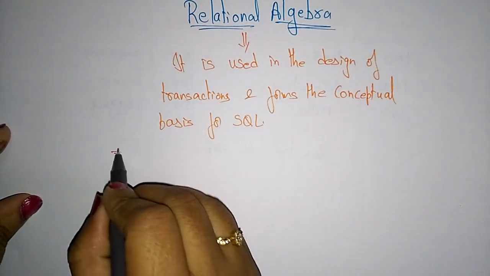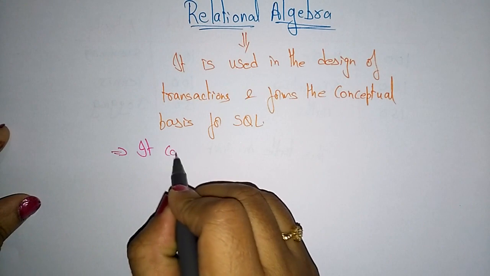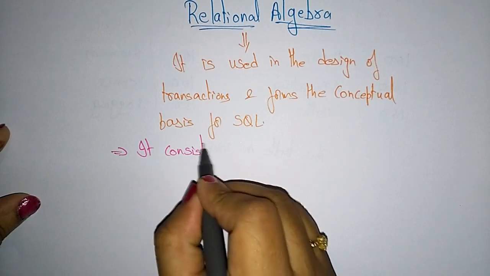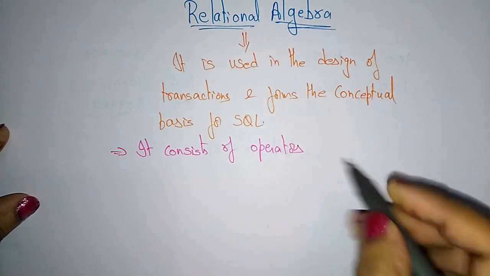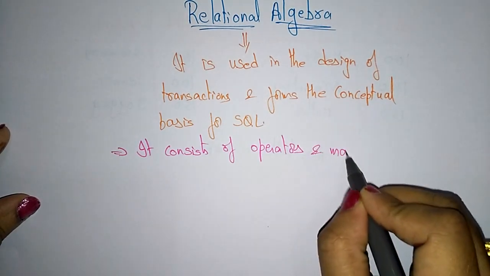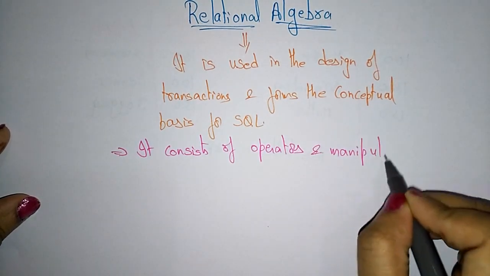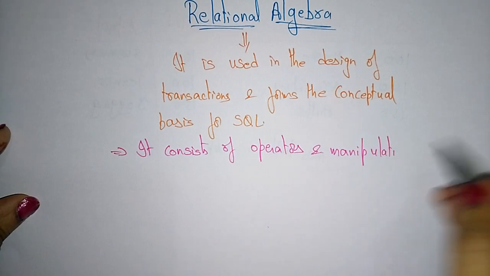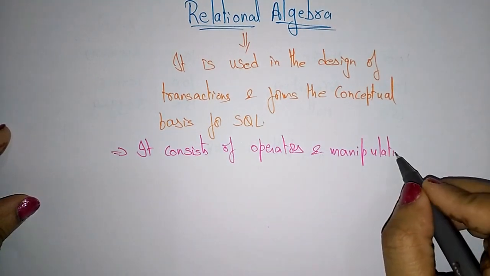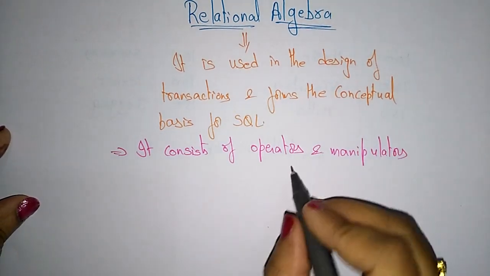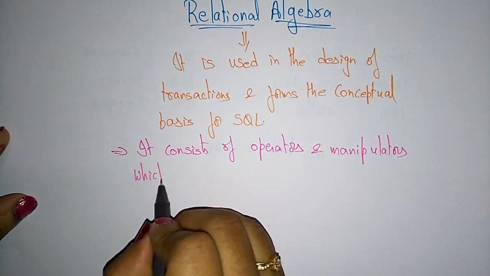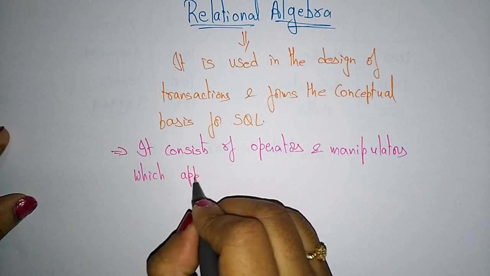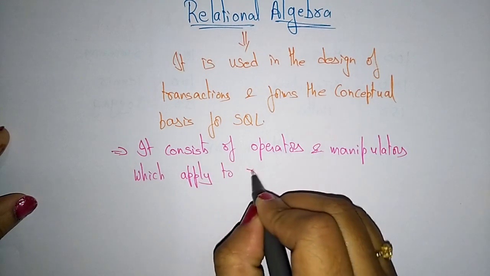Relational algebra consists of operators and manipulators. Whatever language we are using, that language consists of operators and manipulators which apply to relations.